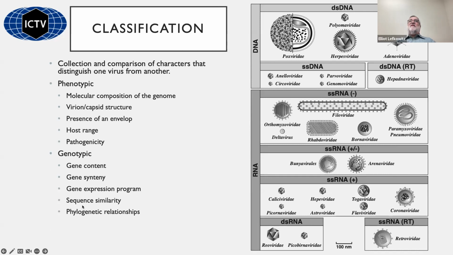But if you look over the years, if you compare the taxonomy that was created with phenotypic properties to the phylogeny of the evolutionary history of those viruses, you see it worked out rather well. There certainly have been changes over the years, moving some taxa from one higher rank to another higher rank because of the different properties.